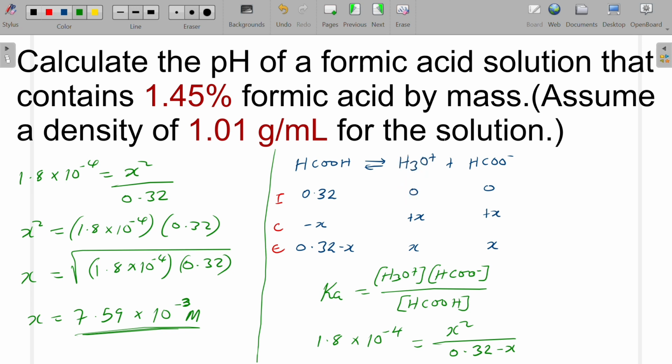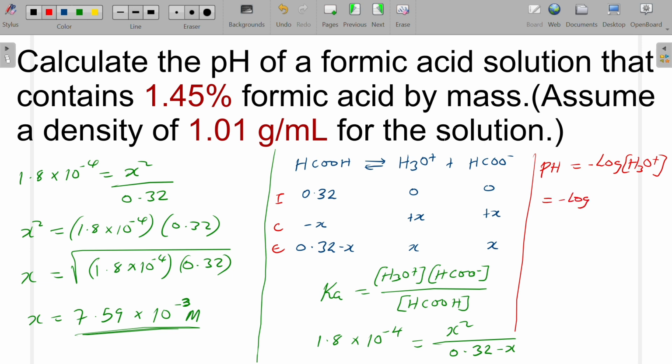So what we have found here is the value of X, which also happens to be the concentration of the hydronium ion. Since we have the concentration of the hydronium ion now, our pH is just equal to negative log of the hydronium ion concentration.